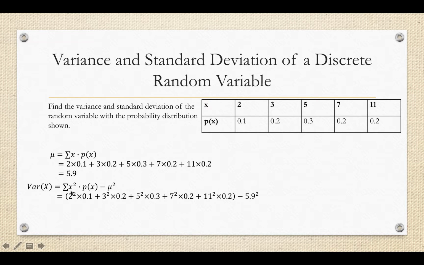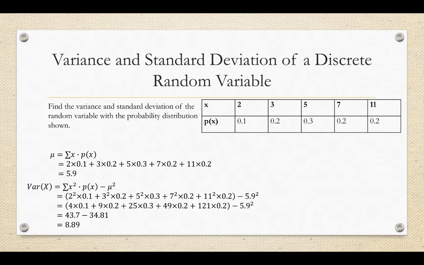So the sum of each of our x values squared multiplied by their probability, and then subtracting the expected value squared. Now that will give us 43.7 minus 34.81, or 8.89.